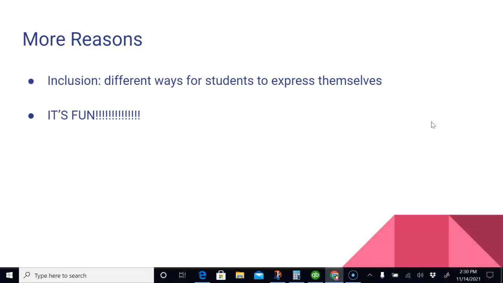These are actually my two favorite reasons. Inclusion. Animation provides a different way for students to express themselves. Some students find it very hard to stand up in front of class and give an oral presentation. This takes that fear away. They will have an audience, but it's not people staring at them.